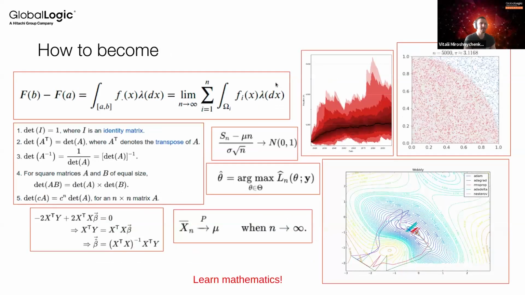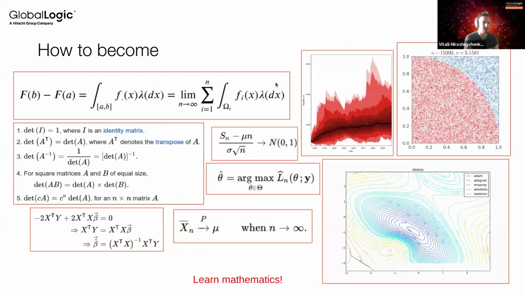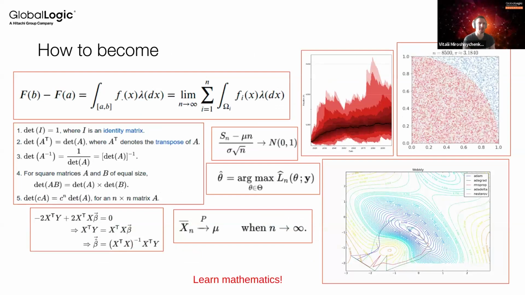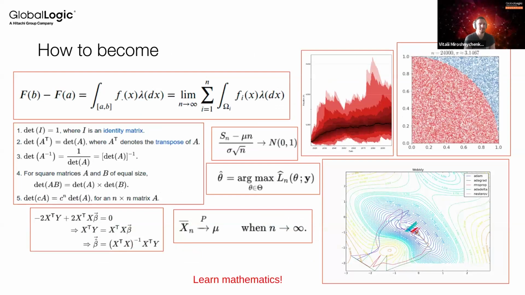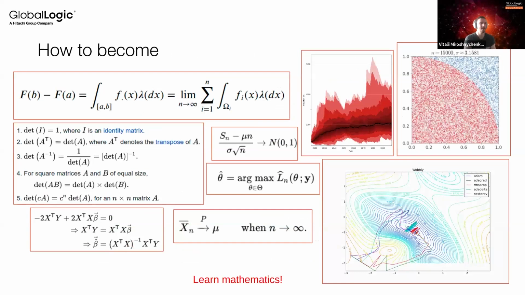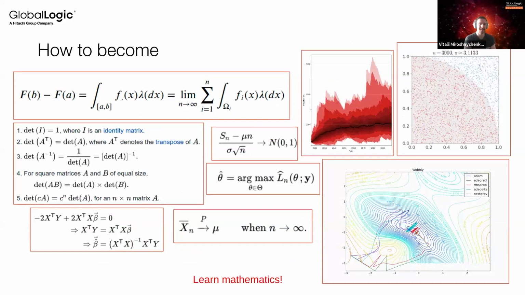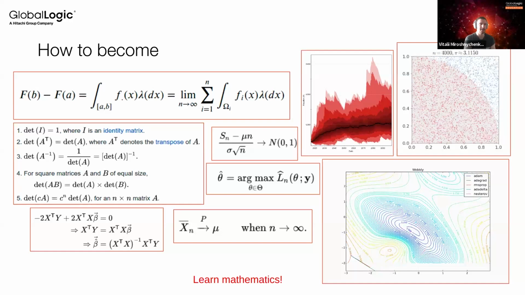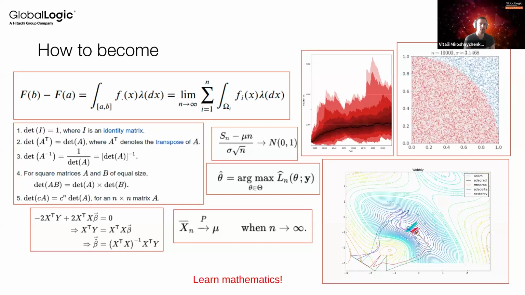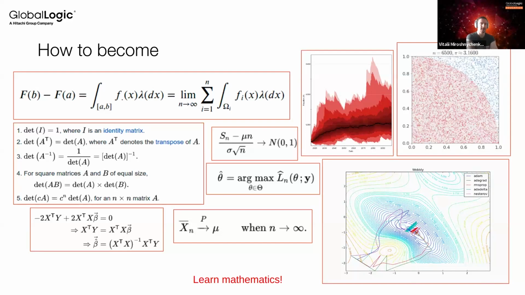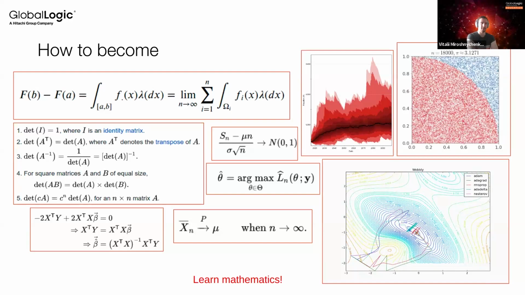Okay. Let's talk about how to become an AI developer. First of all, it is motivation. If you do not have motivation, if you cannot motivate yourself, please try something else. If you have motivation, you need to learn mathematics, at least the basics, just to know what happens with your model or your pipeline in many different cases, what we should do, what we shouldn't do, how we can make a stable model, how a model will not be stable, and so on.